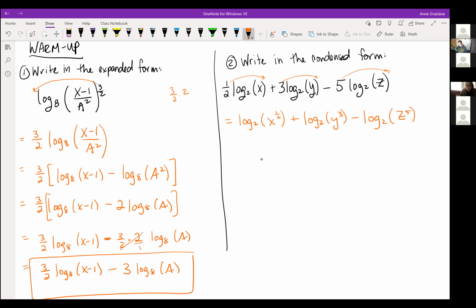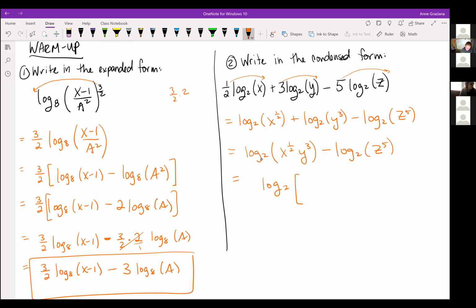Okay. What is the rule if I have plus? We bring them together using what? Multiplication. Product. Multiplication. Yep. And then I can do the quotient.